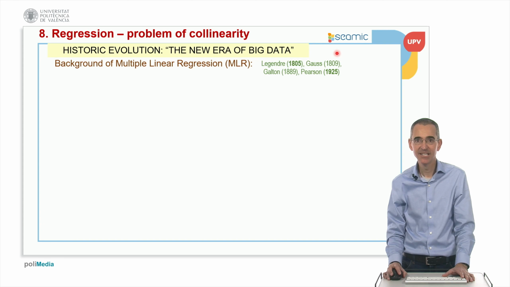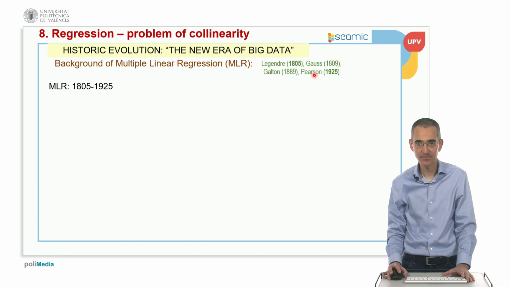So this classical regression was developed over approximately a century. We can say that between 1805 and 1925 was the development of multiple linear regression.